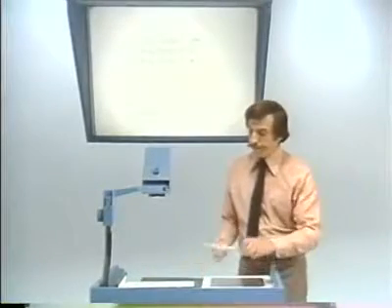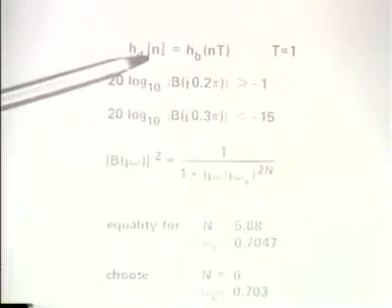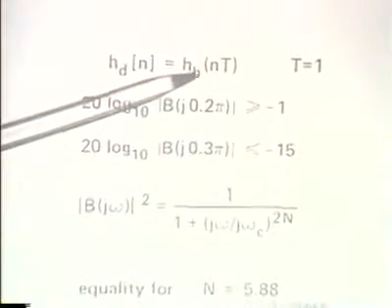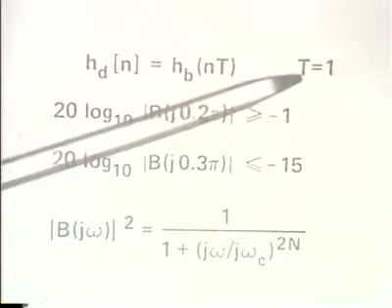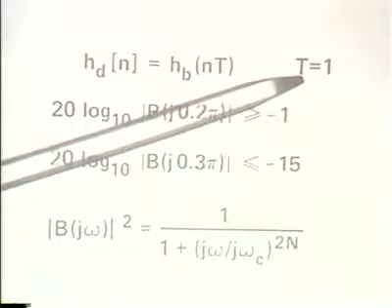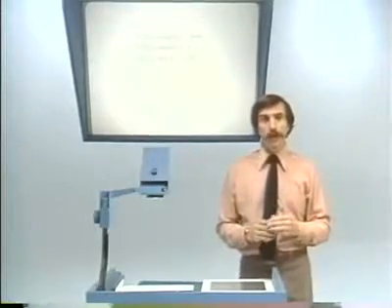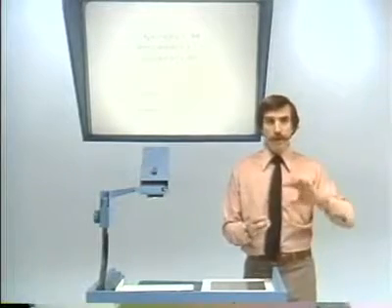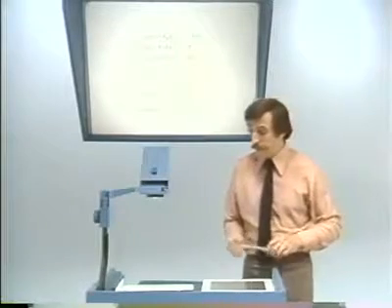All right, so let's do that then. We want the discrete time impulse response to be the continuous time impulse response sampled. And for convenience, I'm going to pick this parameter capital T equal to 1. That means that the discrete time frequency axis and the continuous time frequency axis are scaled identically, because capital T is equal to 1.